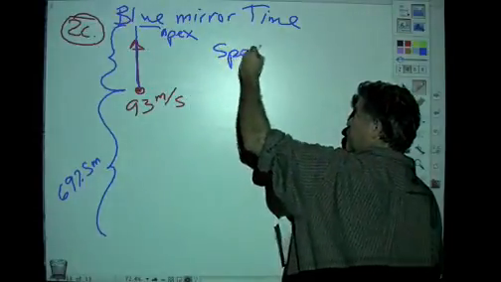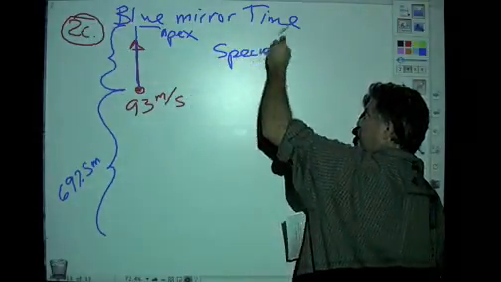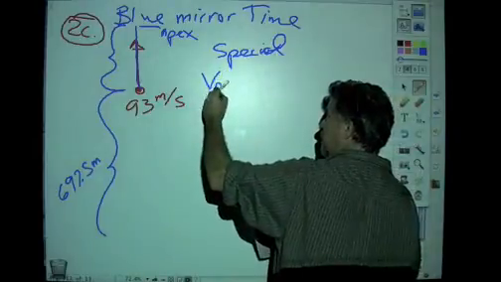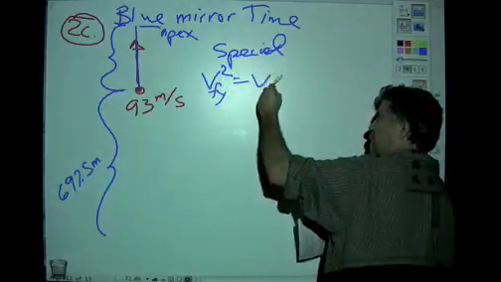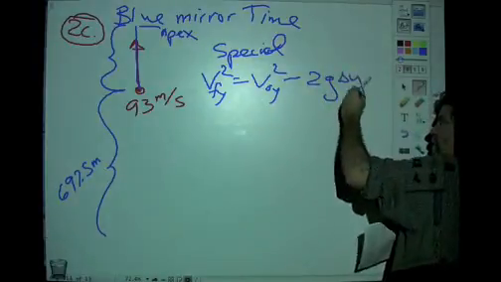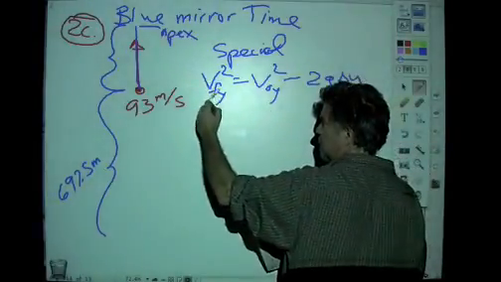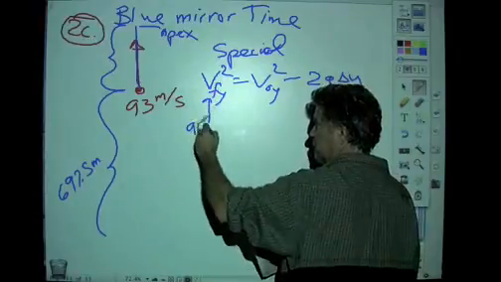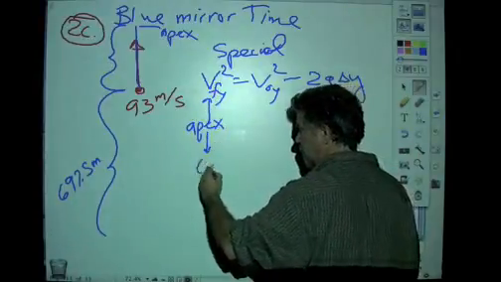So I'm going to say V final Y squared equals V naught Y squared minus 2G delta Y. But this time it's really the apex, so V final is 0.